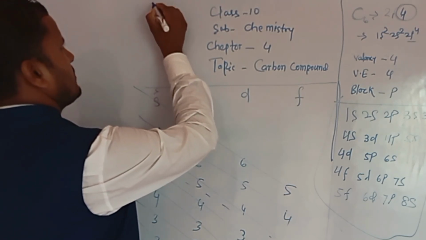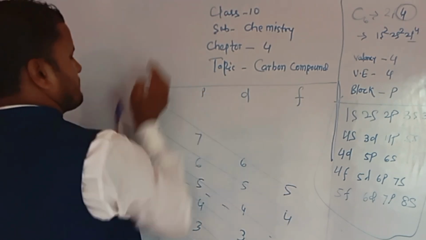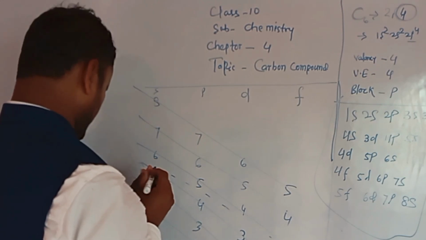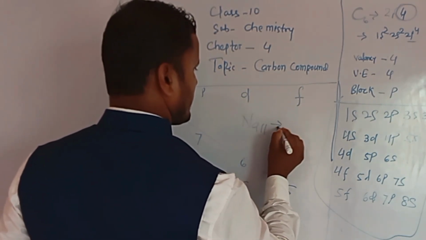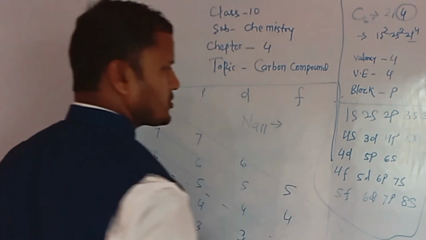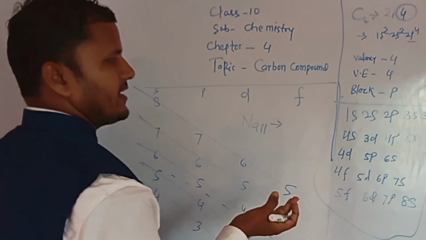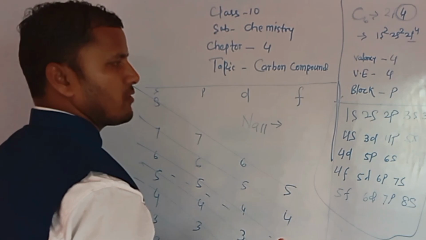a question: sodium, Na 11. How to find valency, valence electron, block, group.